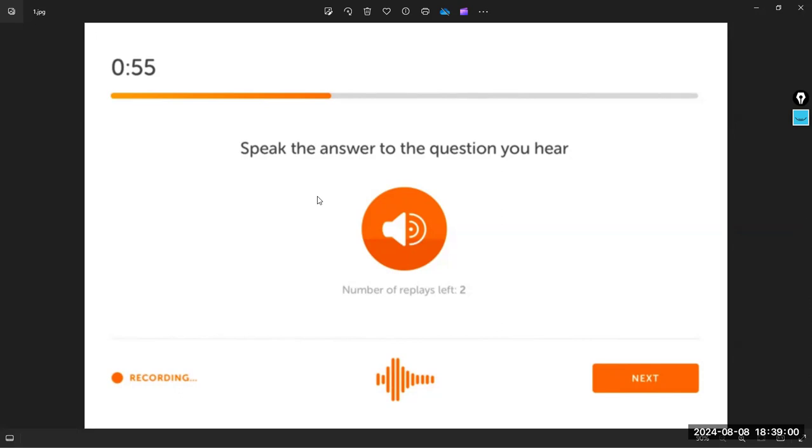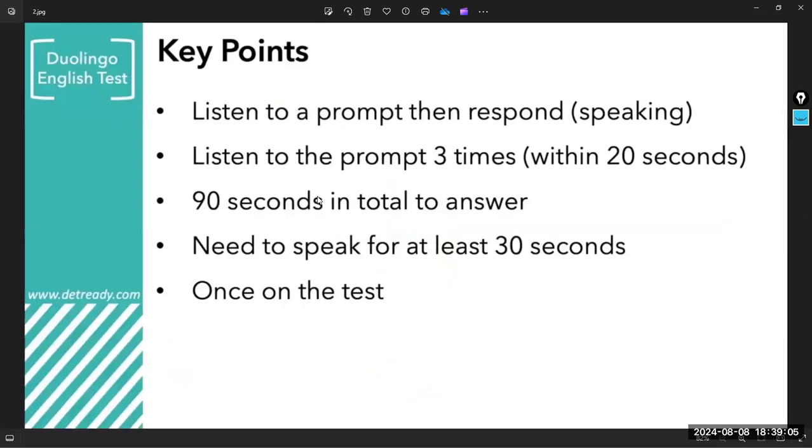So this is the screen that is going to be shown in front of you, and the key points are saying: I have to listen to the prompt, and then I have to speak. Listen to the prompt 3 times. You have 3 chances, Malak, to completely understand the prompt. Listen to the question or the prompt clearly.